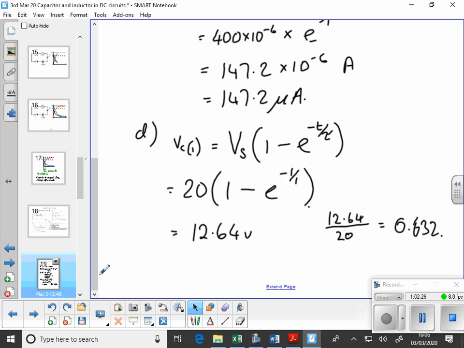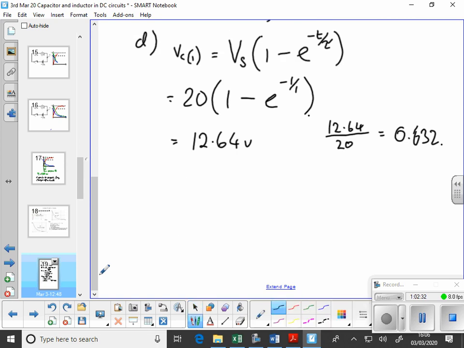Now calculate it for 2 seconds. Adding a little bit to this question. So VC after 2 seconds is Vs times 1 minus e to the minus 2 over 1.